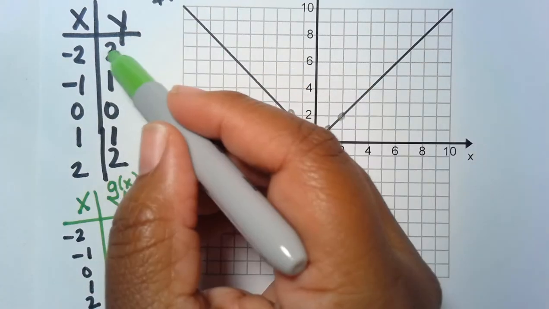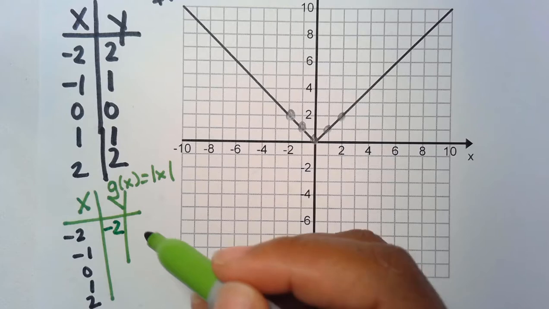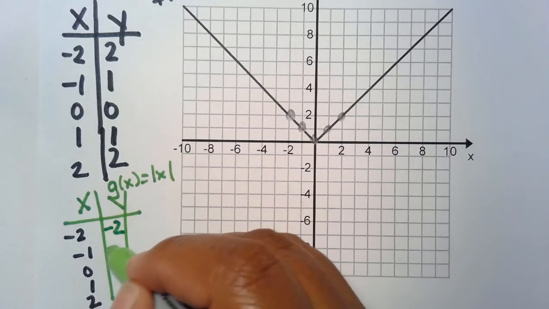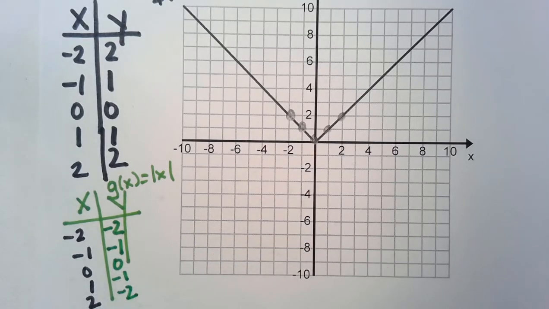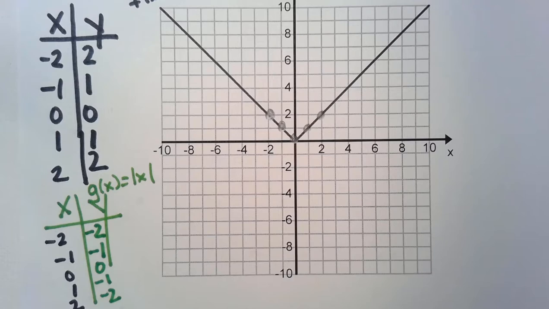So 2 times -1 for this y coordinate, this is going to be -2. Then times -1. So -1, we have 0. This gives us -1. This gives us -2. Okay. So when we plot, those points should be across the x-axis.